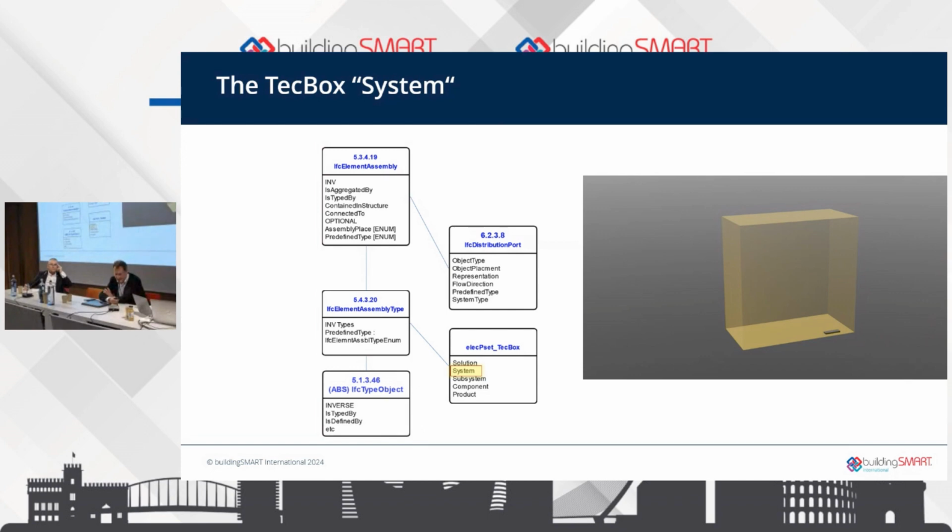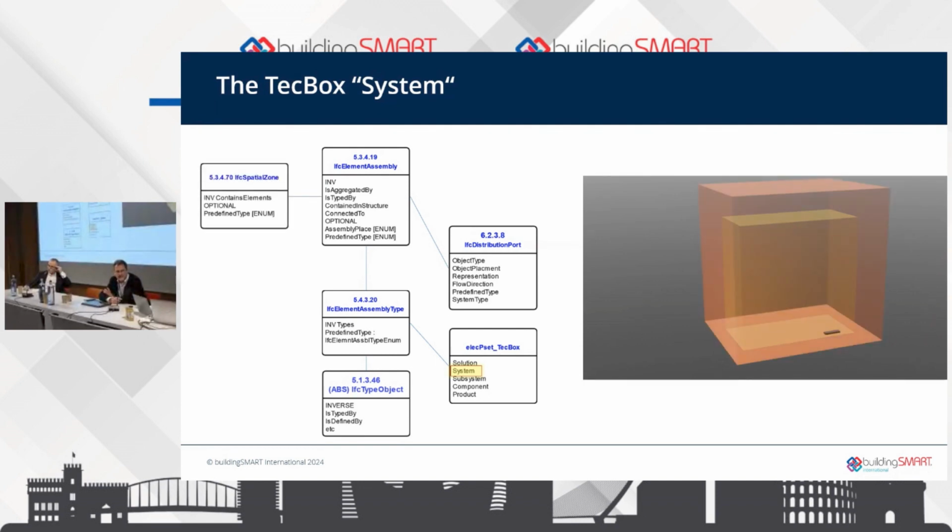You can add some properties to that, even if you don't have the physical object in the tech box. Then, of course, you need some clearance spaces. So you say, okay, there needs to be some distance to the roof, the sides, and so on, also for the doors. Yeah, there's also something in IFC. In this case, we choose for us IFC spatial zone, which is then connected to the tech box, to the element assembly.